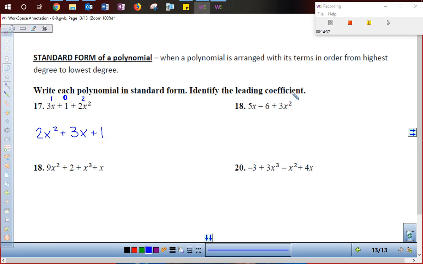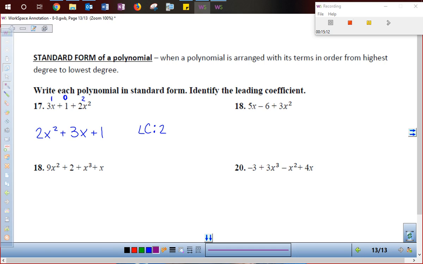Now I need to identify the leading coefficient, and I can only do that when it's in standard form. When it's in standard form, the leading coefficient is going to be the coefficient of your first term. Now remember, coefficient means the number in front of the variable. My first term is 2x squared, and my coefficient is 2. So that means my leading coefficient is 2.